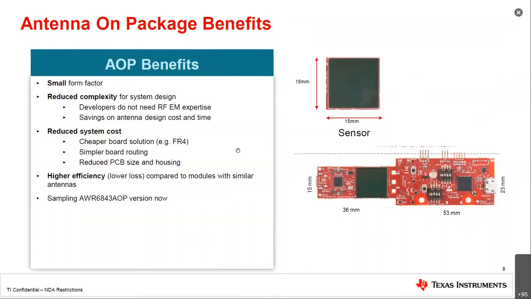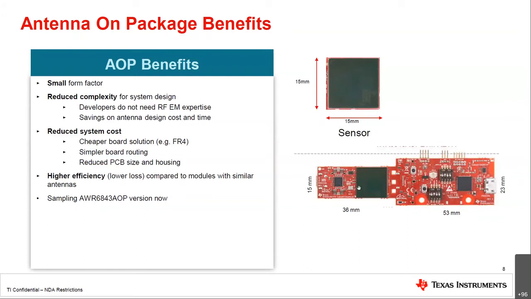So going into some more details on the benefit of AOP, this form factor that the antenna on the package is gives us reduced complexity as well as small form factor. Not needing to simulate and design an antenna for a specific application would accelerate the design and production time.